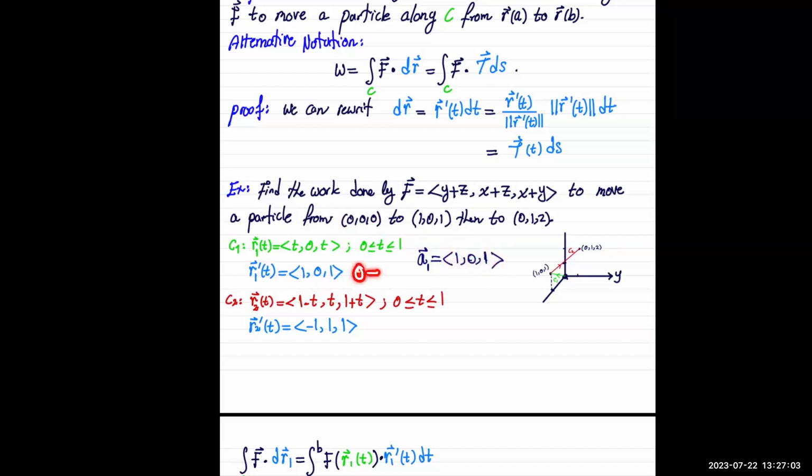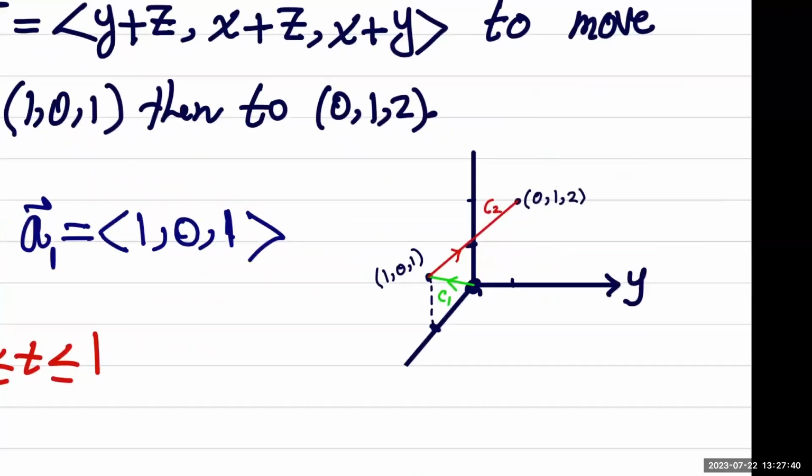So 0 plus 1t gives you t. 0 plus 0t, that's just 0. And then we have 0 plus 1t, that's equal to t. So this path, and again, always t goes from 0 to 1, is the vector valued function for this path.